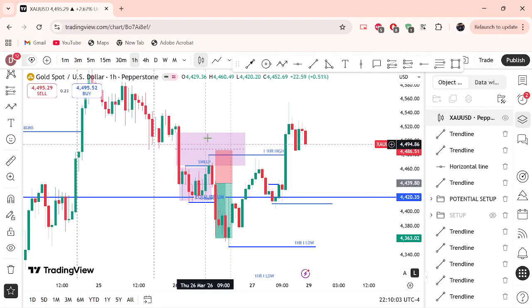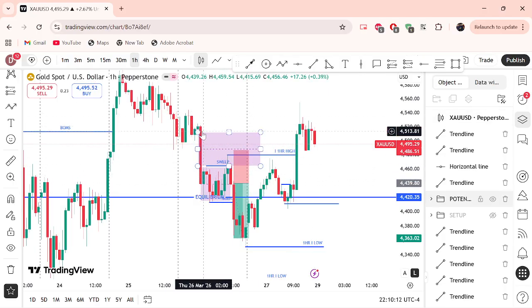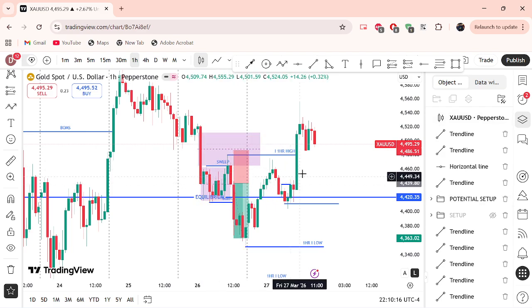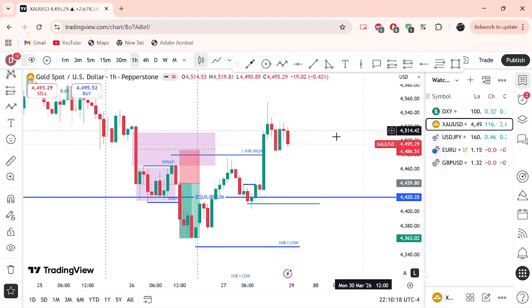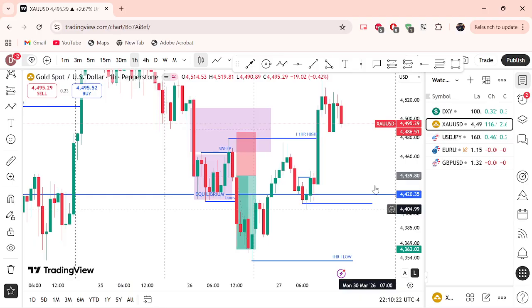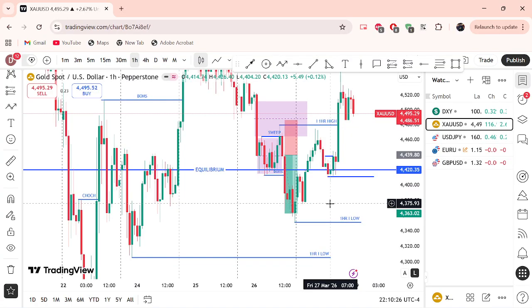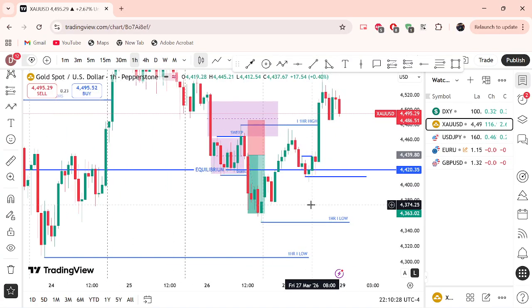The market came and swept out these highs into a fair value gap, and the market was already showing us bearish signs. For confirmation, this was a bearish engulfing. You can see this was a bearish engulfing. So I could have taken that trade, but I didn't. I just watched it play.